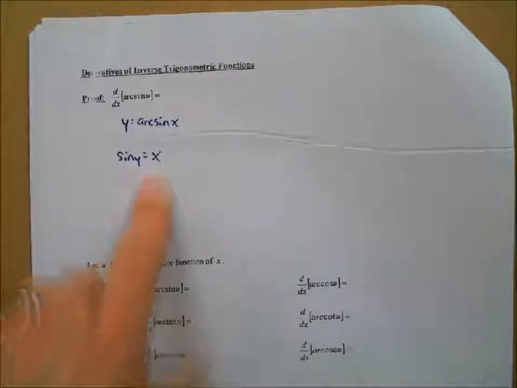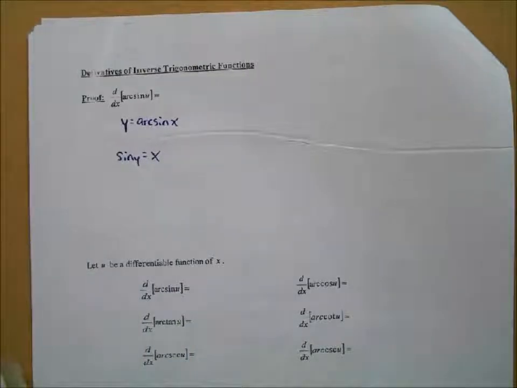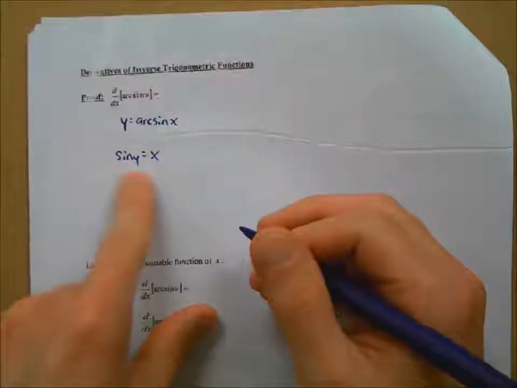When we go to take the derivative of this with respect to x, what kind of differentiation are we going to be using here? Implicit differentiation, because we're taking the derivative of sine of y, so we're going to end up with a dy dx. We take the derivative of the outermost piece first.